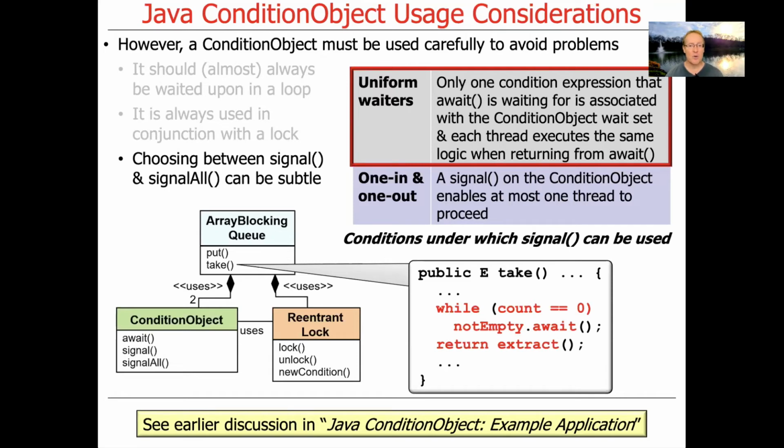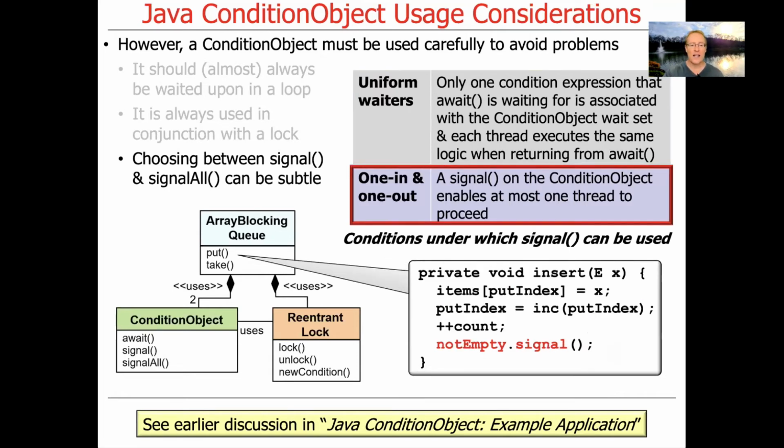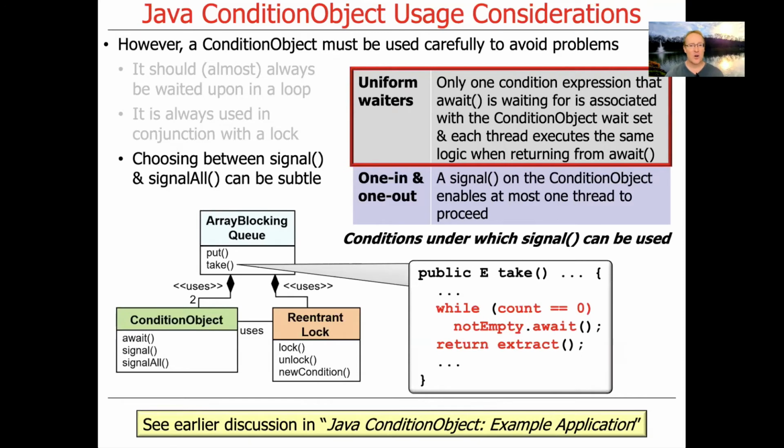You should use signal instead of signalAll if there are two conditions. One is uniform waiters, and the other is one in and one out. Uniform waiters means that there's only one condition expression that a given call to await is waiting for, and that is essentially the same condition. All the threads that are part of that wait set are all waiting on exactly the same condition.